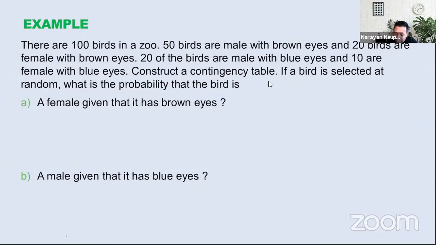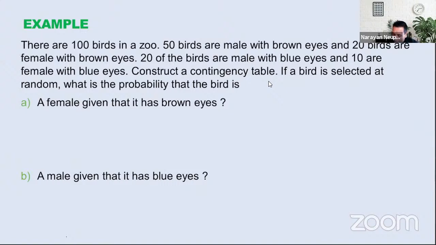So here, if you read through properly, there are two things. We are talking about the color of the eyes of the birds, blue or brown. And we are also talking about the gender of the birds, male and female.